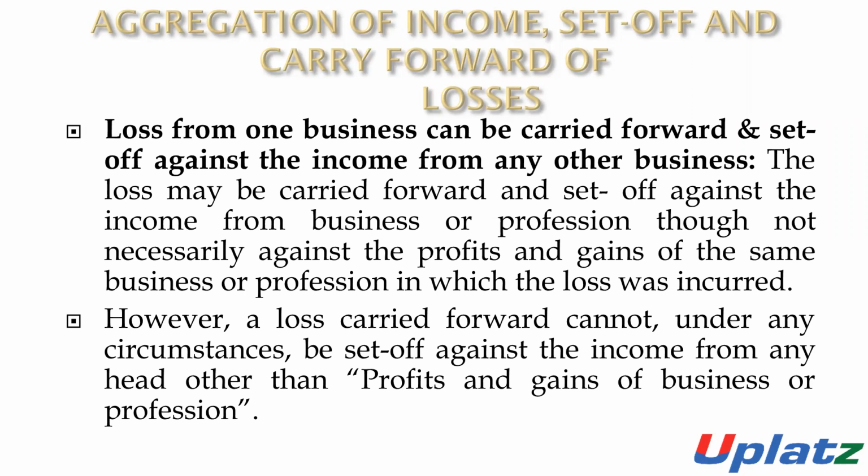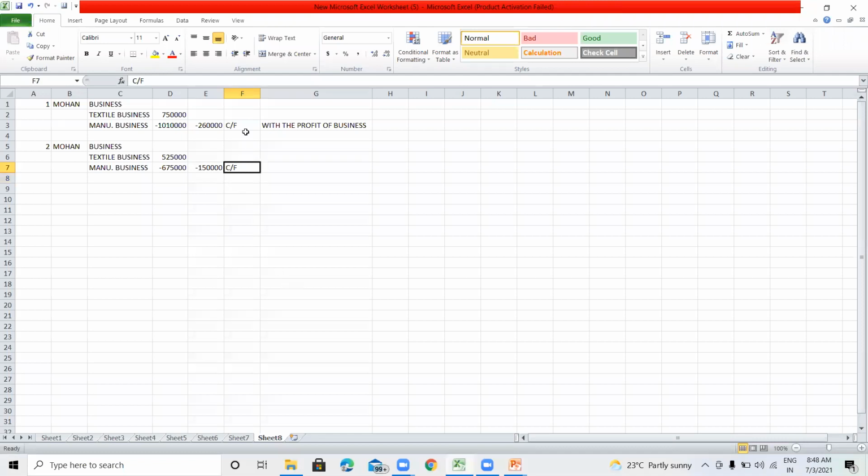However, the loss which is carried forward cannot under any circumstances be set off against the income from any head other than PGBP. Such 1,50,000 or such 2,50,000 will be set off only against income from the head of PGBP.